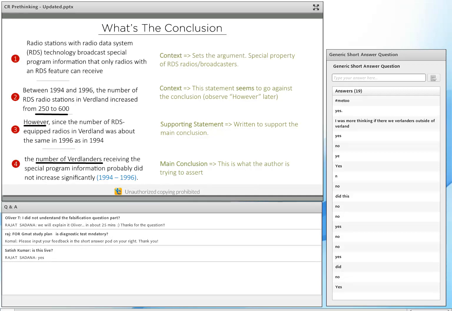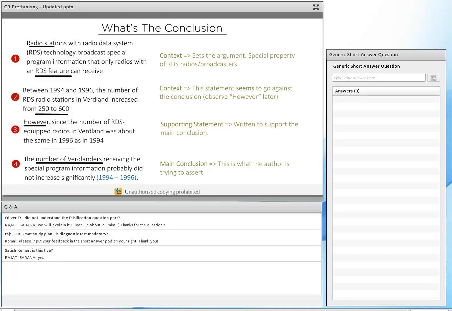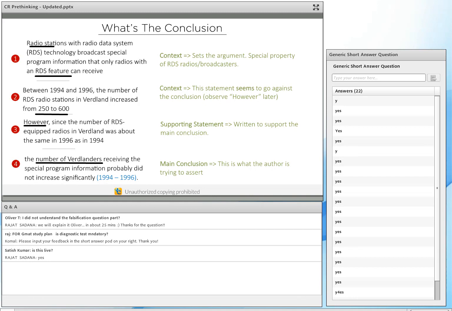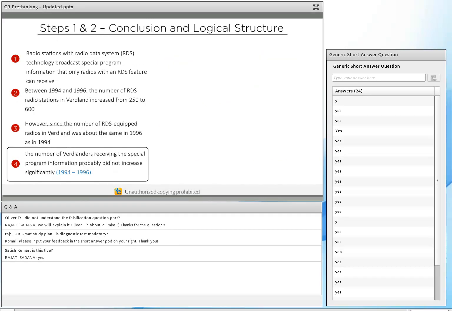One is you need a radio station with RDS technology, and then you need a radio with an RDS feature. So you need both. You need the RDS thing at both ends. Is the argument clear to you guys? Very simple argument, essentially, if you think about it. The answer choice is a very different thing, but a very, very simple argument.